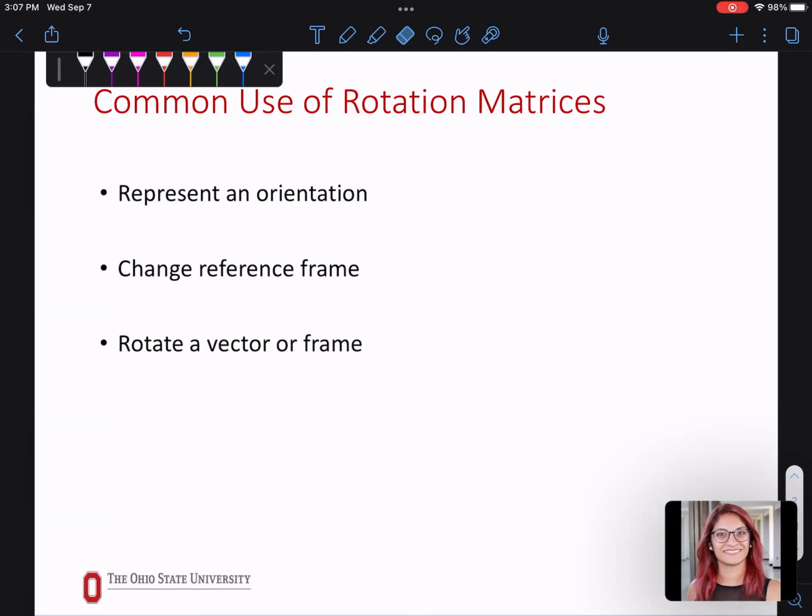You could also rotate a vector or frame and use the rotation matrix to transfer between frames. All right. So every time in robotics we talk about things, we assign a reference frame to them, then we talk about that. So where am I becomes very important every time you are discussing anything.